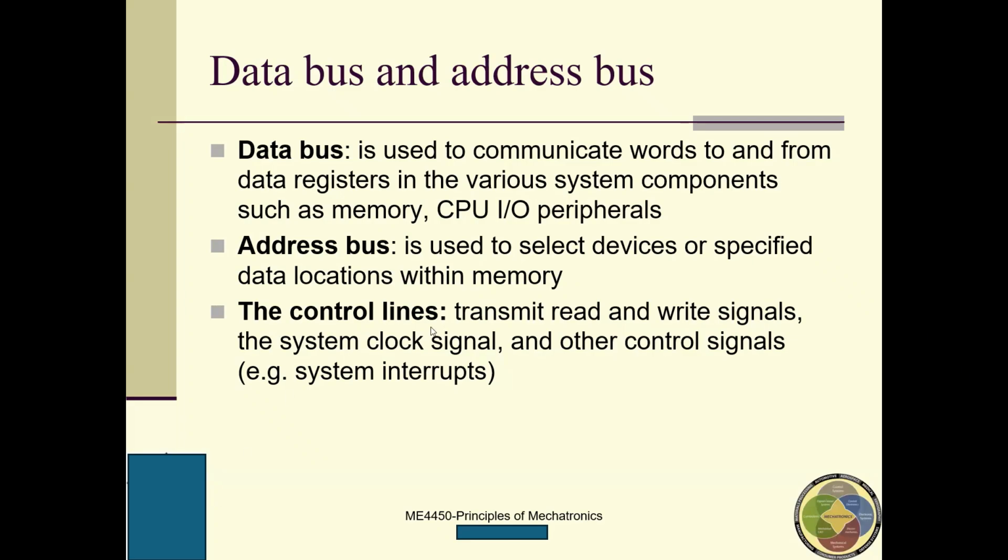Okay, the control lines transmit the read and write signals, the system clock signals, and other control signals. These are system interrupts. We are going to talk about interrupts. Have you guys ever heard this concept? Interrupts. Excuse me for my interruption.